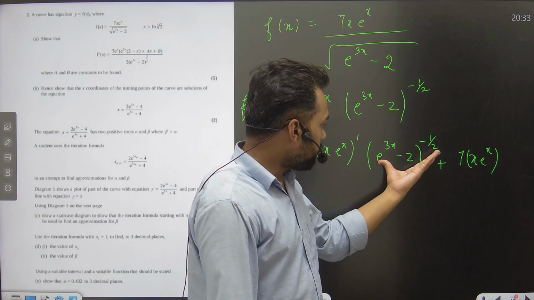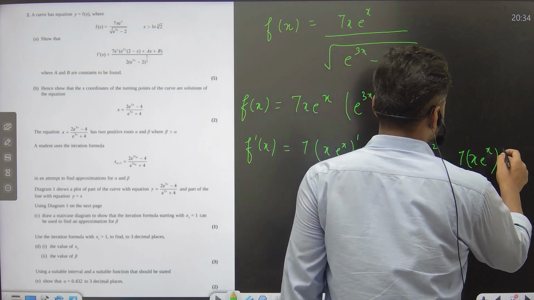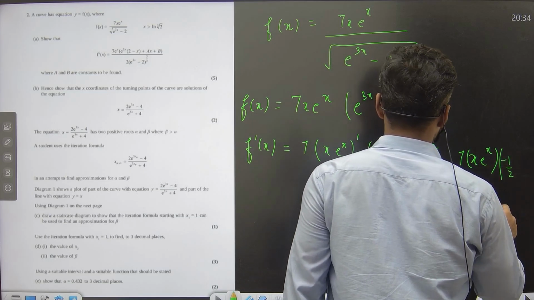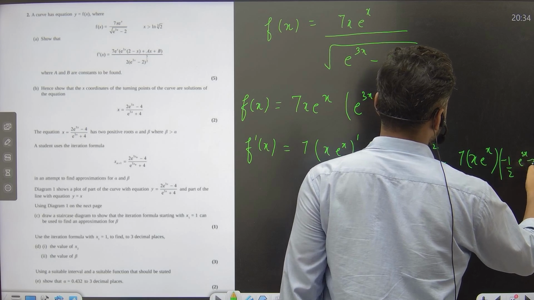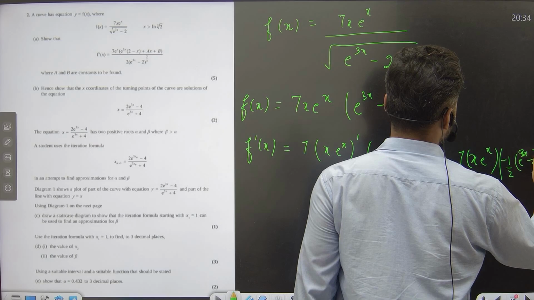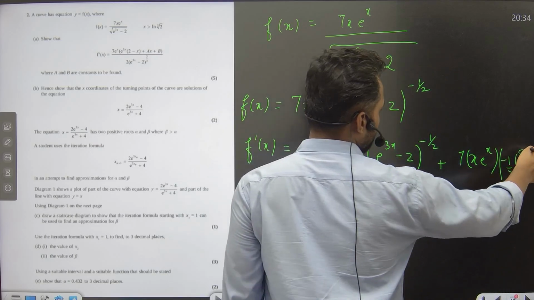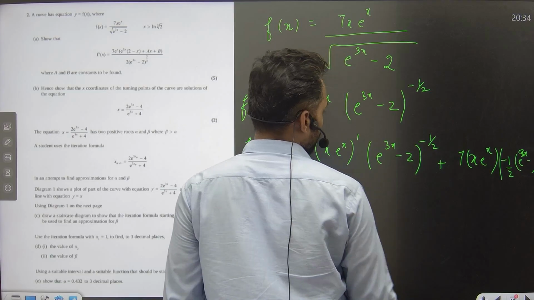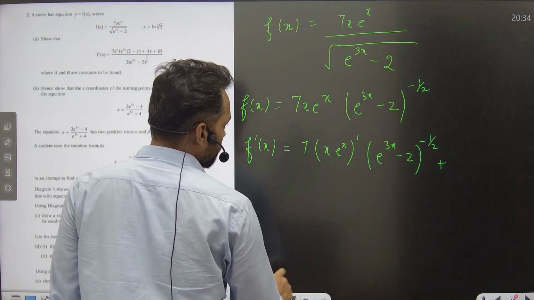So the derivation of the second part here, student, will be negative of 1 by 2 into e raised to the power 3x negative of 2 raised to the power minus 3 by 2. I'll write it here, otherwise we'll get confused.